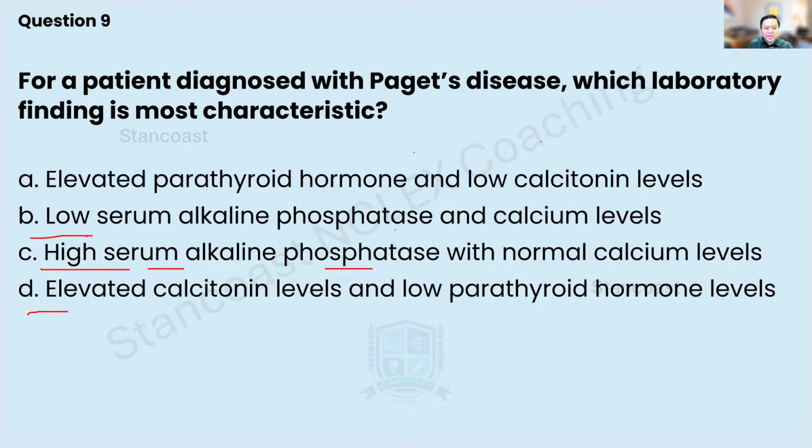Will there be elevation of the PTH and low calcitonin? Or is there going to be low serum alkaline phosphatase and calcium levels? Or is it C, high serum alkaline phosphatase and normal serum calcium levels? Or D, elevated calcitonin levels and low parathyroid hormone levels?